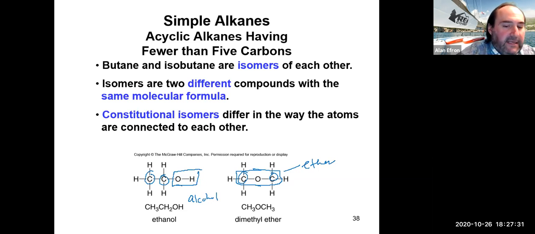They have the exact same molecular formula, and again, they are known as isomers. They're also known as constitutional isomers. These are guys that are connected differently, but have the exact same numbers of elements. They also have very different properties, the alcohol versus the ether. And they're actually named very differently as well.